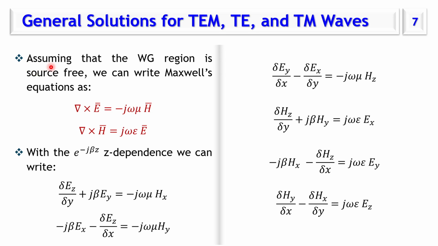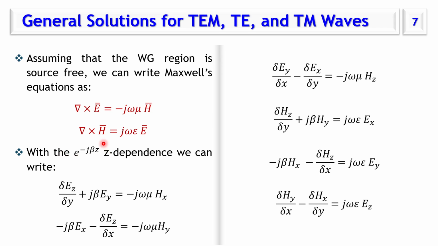So the waveguide where we do the analysis is away from the source, so it is a source free region, and our governing law for waveguide analysis is Maxwell's equations. Maxwell's equations, when we are in a source free region, have this expression.